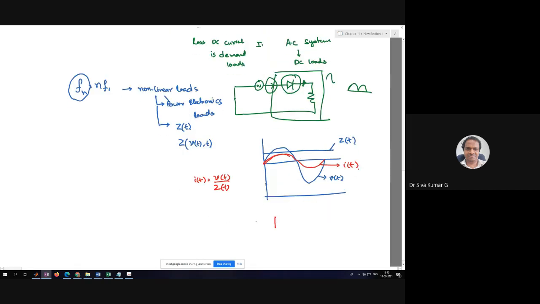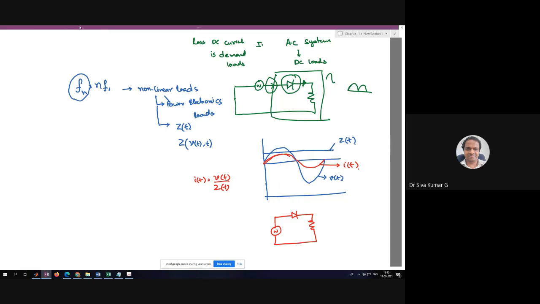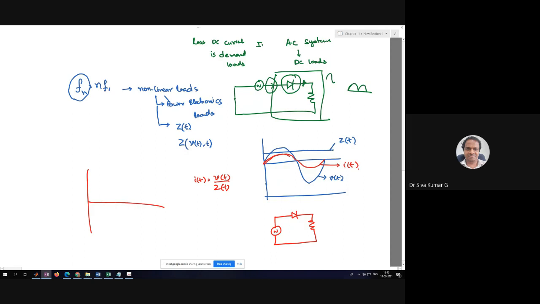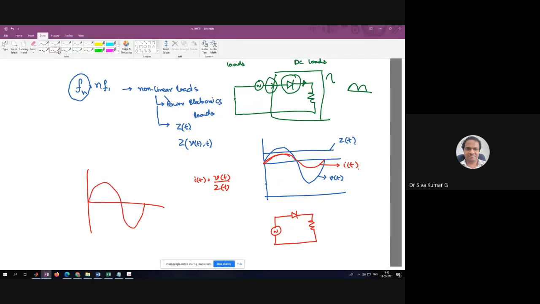But I have given an example in the earlier lectures, when you talk about a diode and a rectifier. Here it is a power electronic device only, not another component.